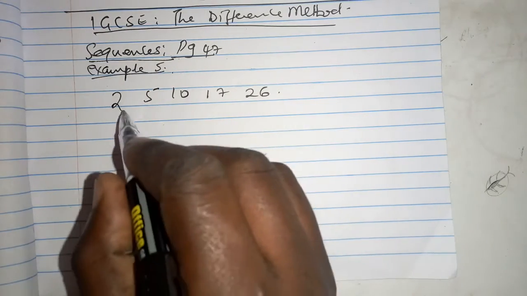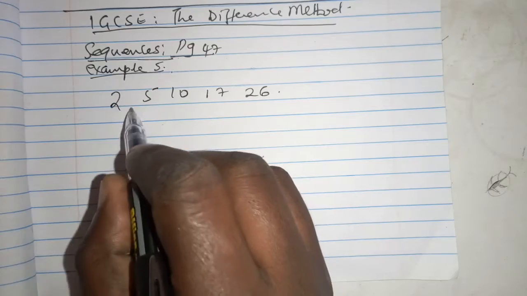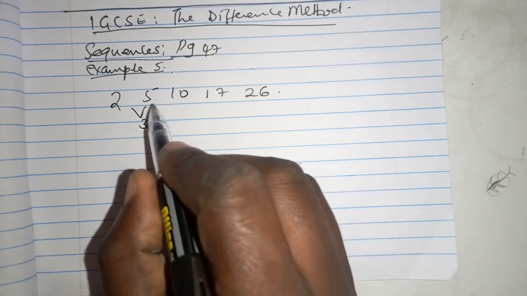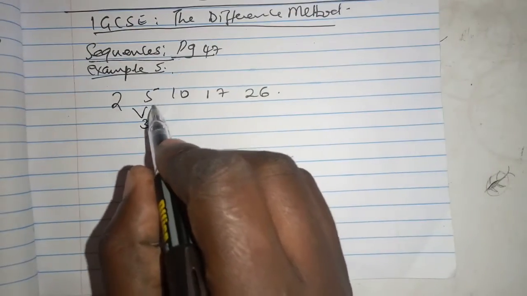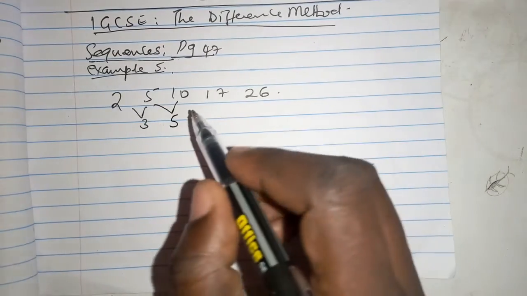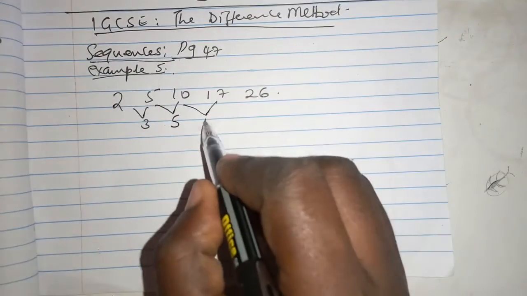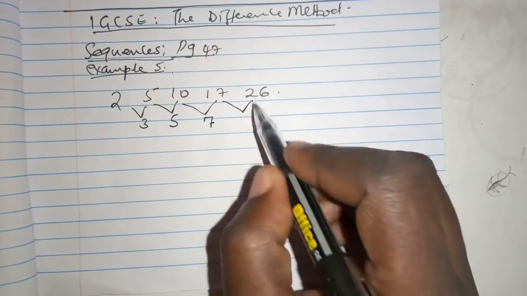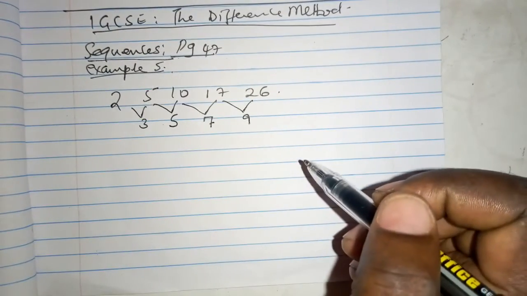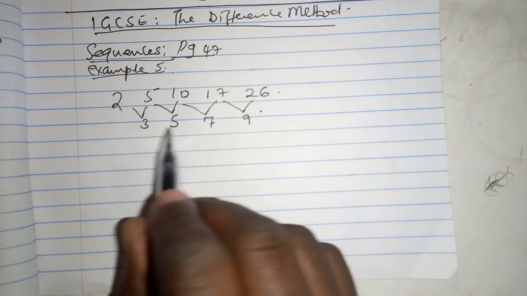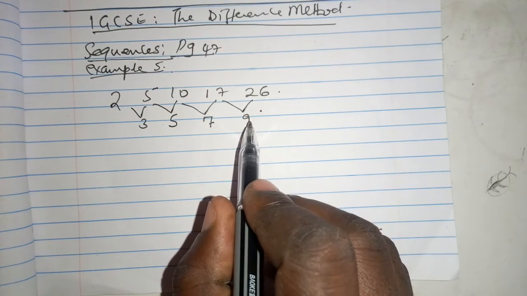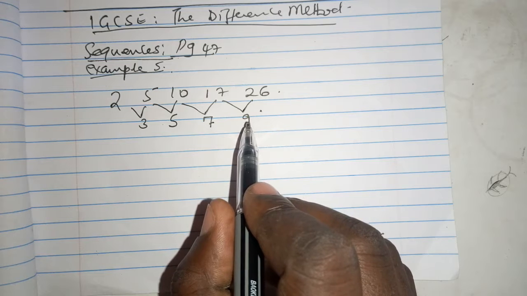It is not very easy to notice what's happening here. 2 plus 3 is 5, so the difference here is 3. 5 plus 5 is 10, so the difference here is 5. The next difference is 7, and here the difference is 9. This difference is not consistent, so we need to go to the next level.